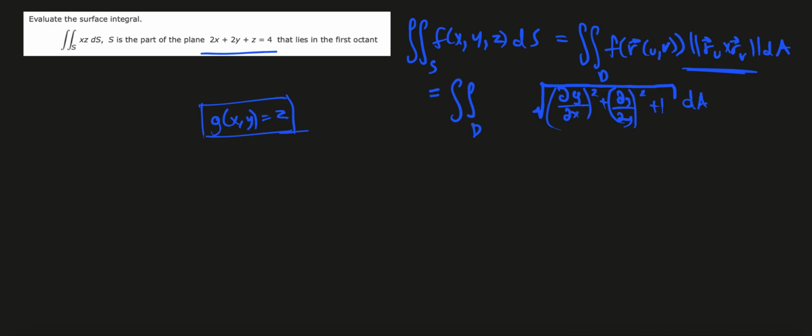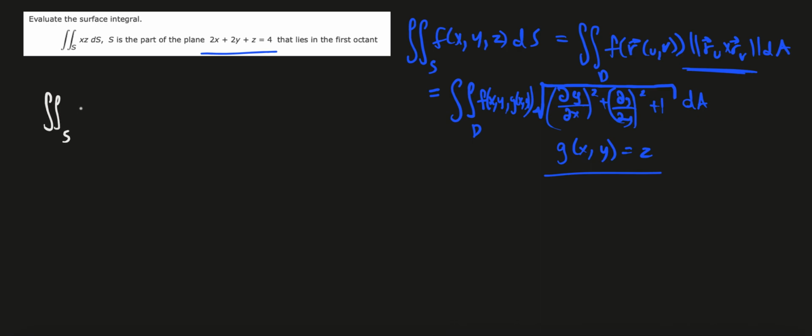And f is just going to be f of x, y, g of x, y. We don't have any z's. So g of x, y equals z.